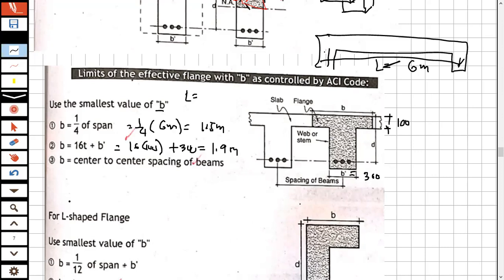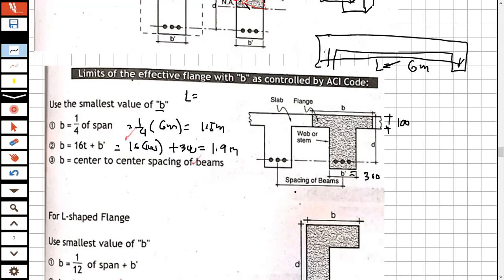Then other one, another one is center to center spacing. Ibig sabihin, spacing between beams. Okay? Anong spacing ng beams?